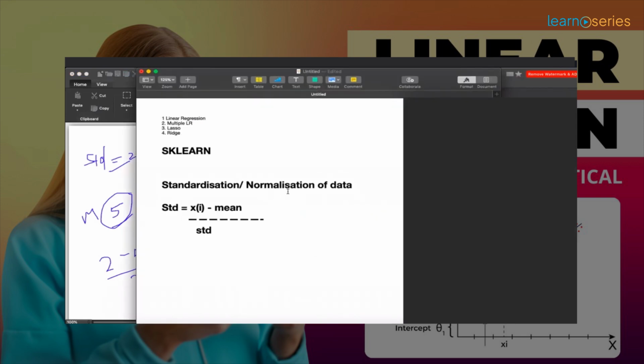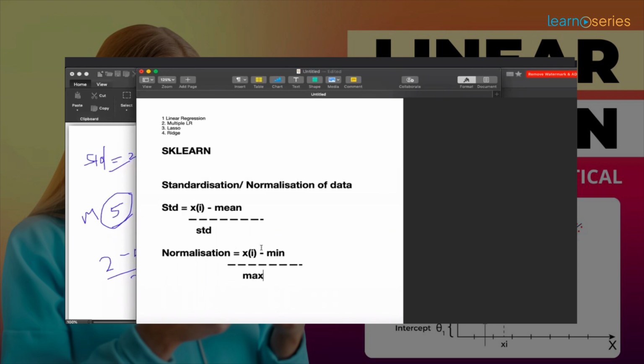And likewise, normalization is xi, meaning each x one by one, minus the minimum value, divided by the max value.